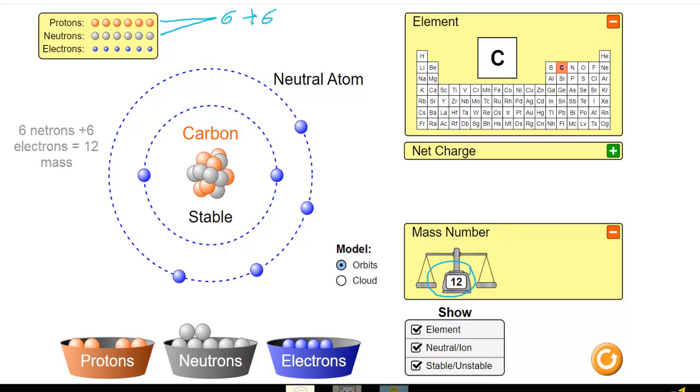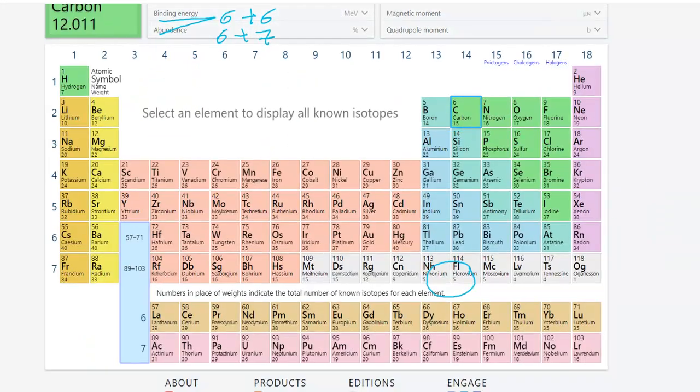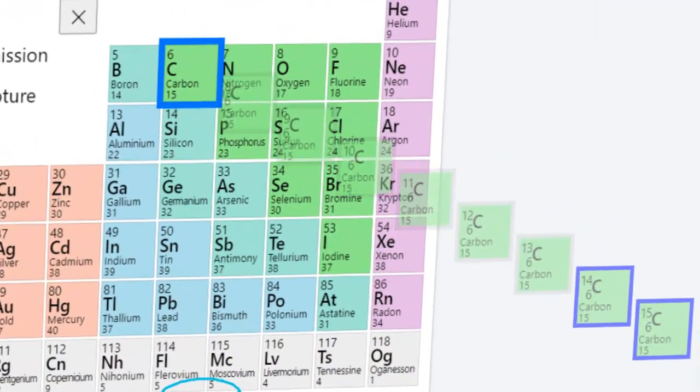Or we can add more neutrons. That would be 6 plus 7. Or we can add more. It says it's unstable. If we look at this table here, we'll find all of these isotopes of carbon.